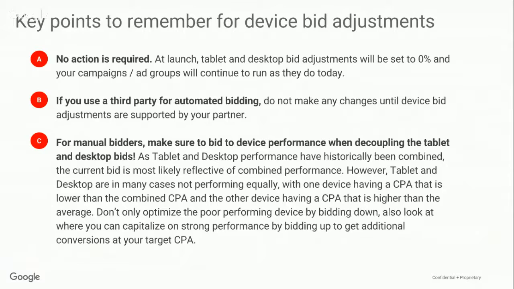Second, if you use third party for automated bidding, do not make any changes yet until DBA is supported by your partner. This is very important because if you do adjust and they are not compatible yet, this may affect your campaign performance.